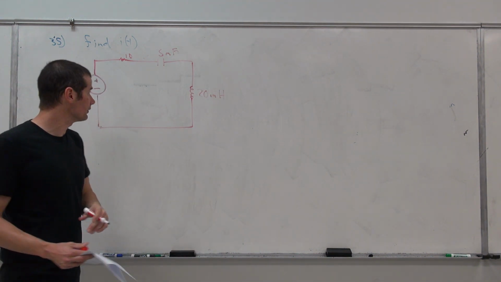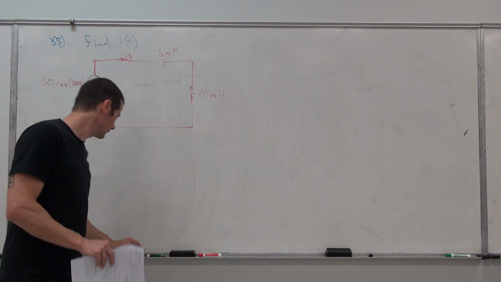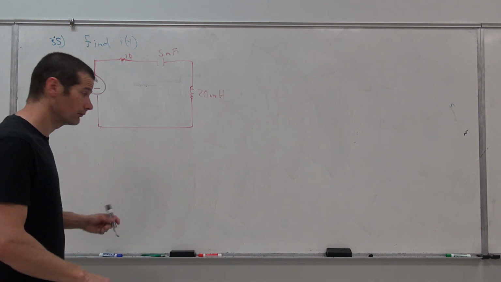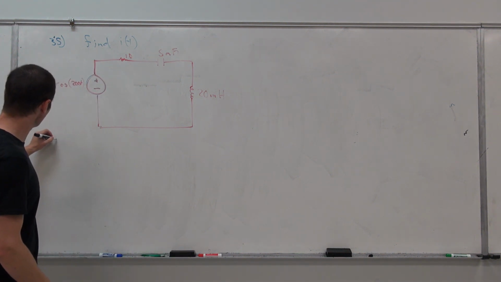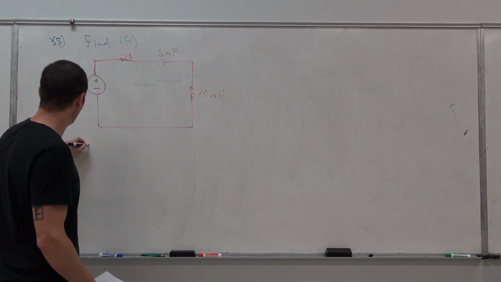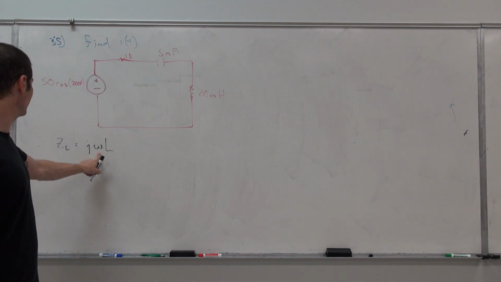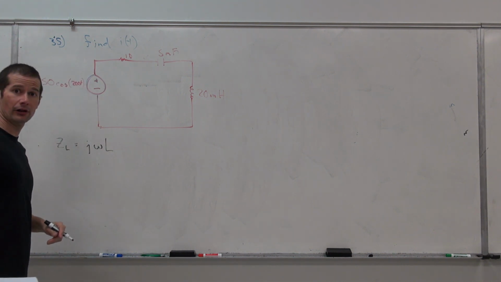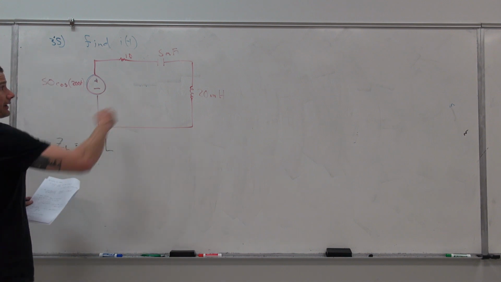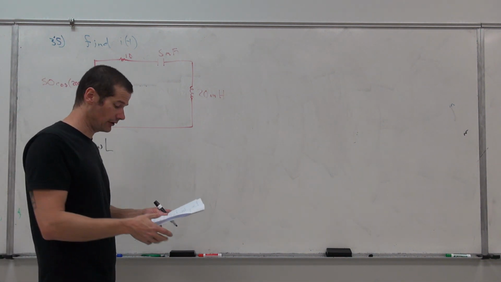So all we have to do is convert everything over first into basically their impedance equivalents. Don't forget that for the inductor, ZL is equal to j omega L. We take omega from the cosine waveform, which was 200 radians per second, and multiply that by 20 millihenries. Milli is obviously 10 to the negative third.